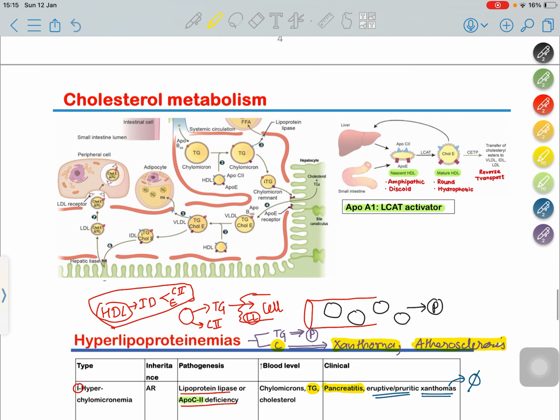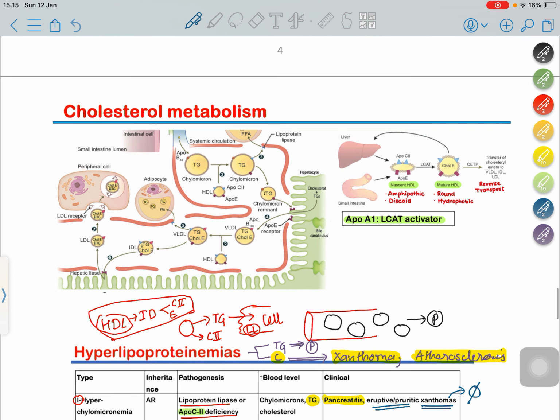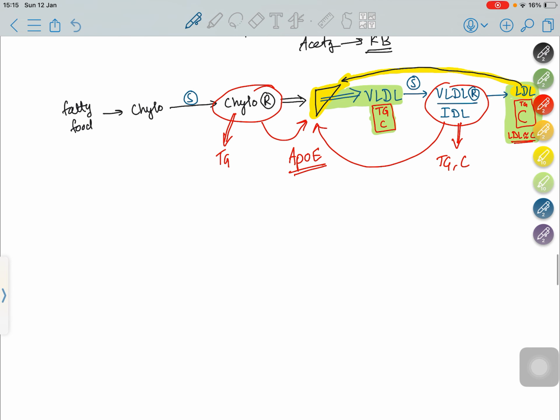Now let's discuss a small concept of HDL. What is HDL? HDL is also a lipoprotein formed by the liver, like VLDL. But what is the aim of HDL? HDL's aim is to bring cholesterol back to the liver.